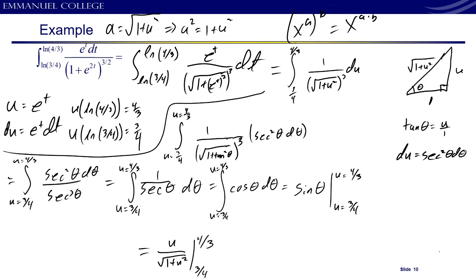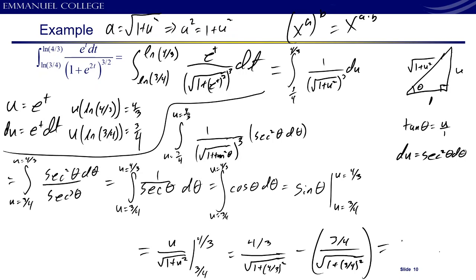So this is 4/3 over the square root of 1 plus 4/3 squared, minus 3/4 over the square root of 1 plus 3/4 all squared.